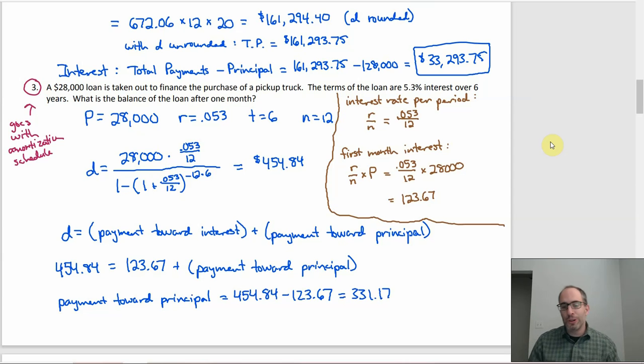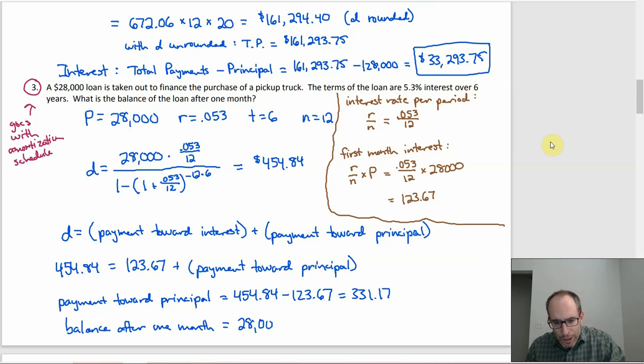So in the first period, that's how much the balance gets paid down. So then the balance after 1 month would be the principal minus the 331.17. So balance after 1 month, that's 28,000 minus 331.17.